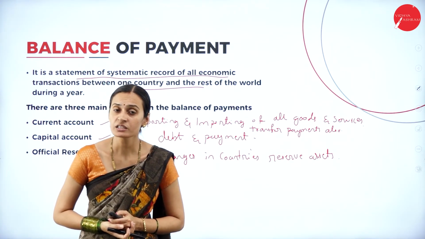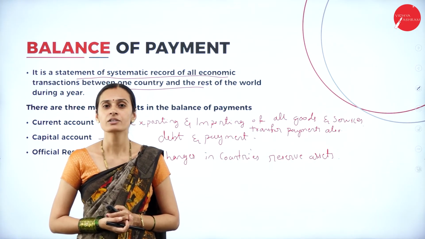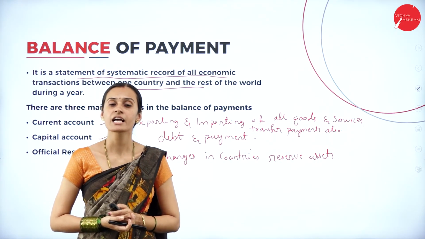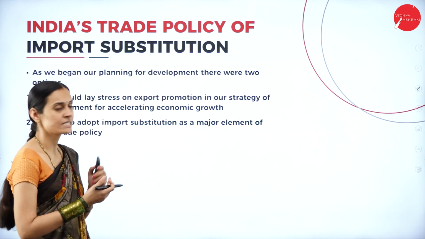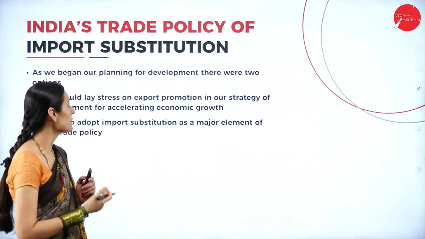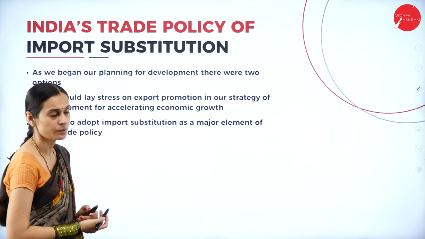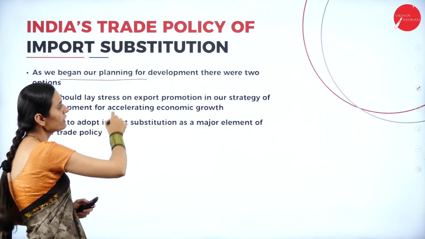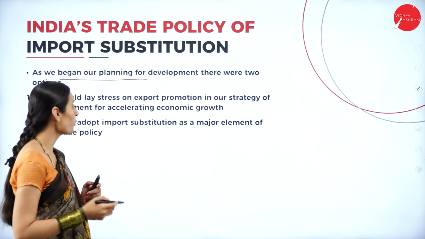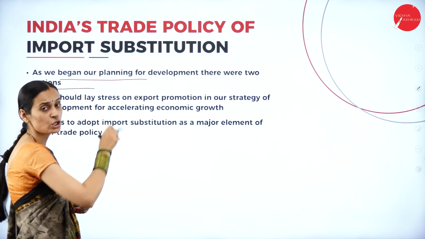First one, producing import substitute products and trying to increase the export items. Import substitution. Another important concept is India's trade policy of import substitution. As we began our planning for development, there were two important options.